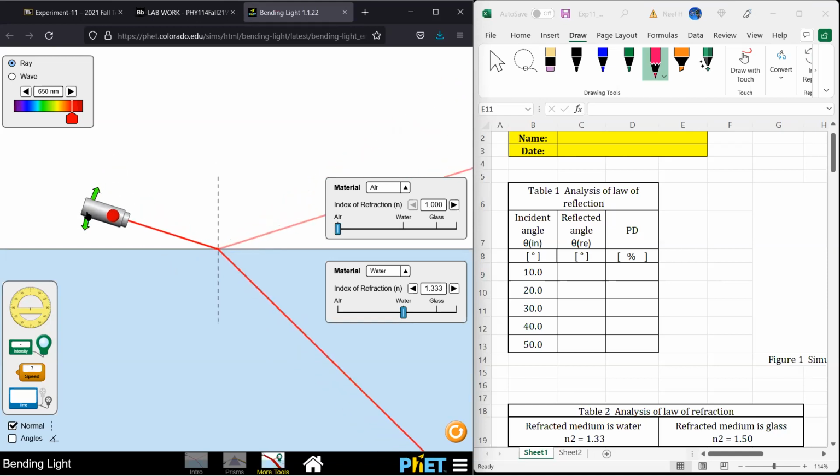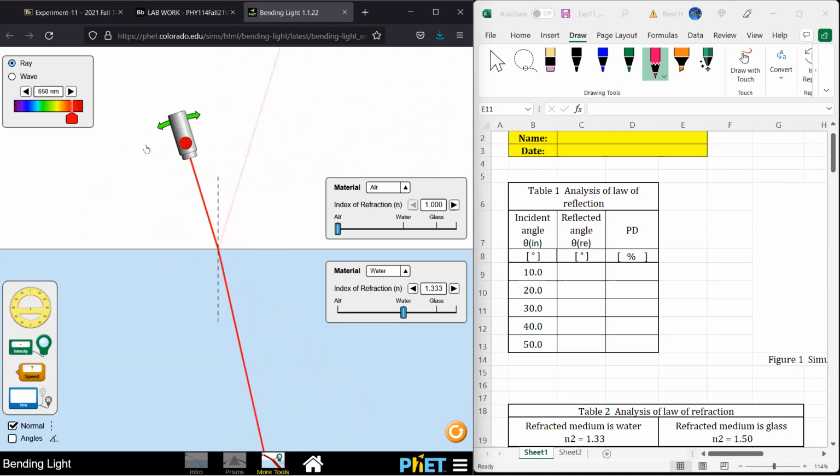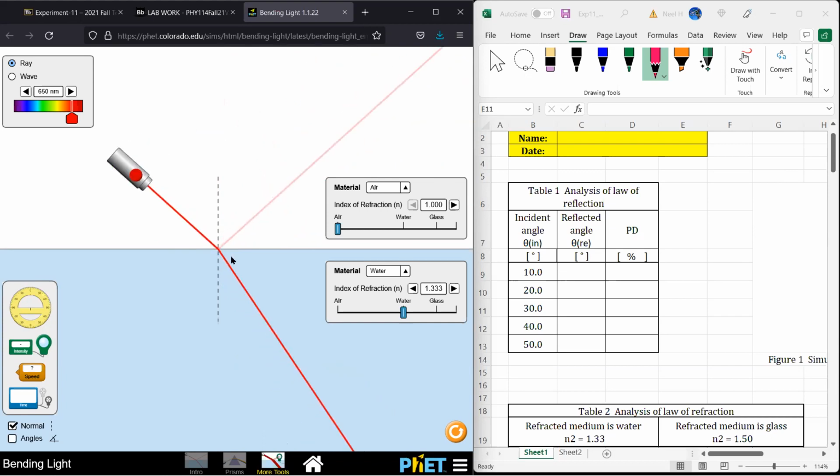And the incident angle you can see I can change from here to here. This dotted black line is the normal axis. The only thing we need is this ray diagram and the protractor to measure the angle.